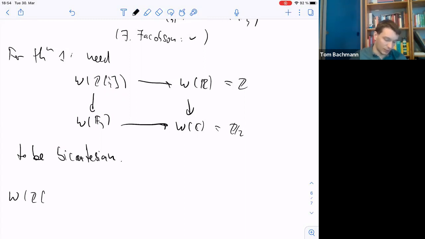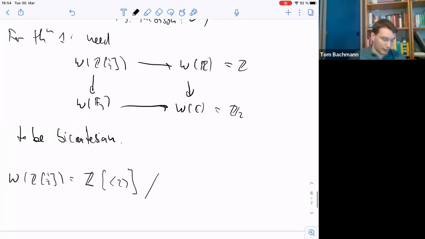The Witt ring of Z1/2 is going to consist of, you take Z and you adjoin basically the class corresponding to 2. And then there's going to be a relation, which is that twice (2 minus 1) equals 0.